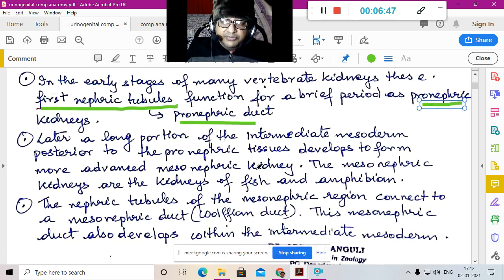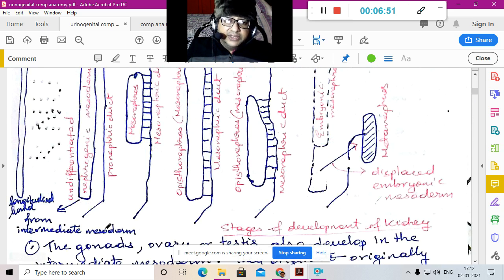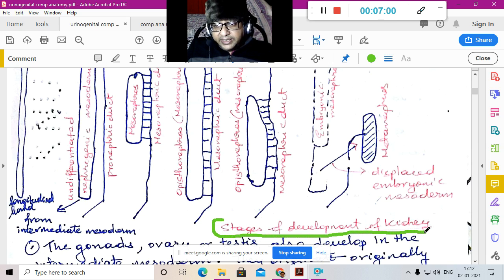We will see it in a corresponding photo here. This picture shows stages of development of a kidney.